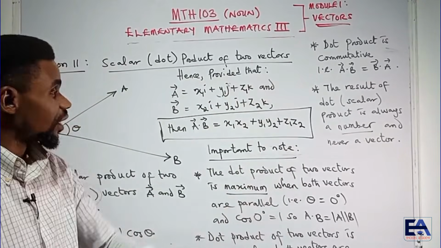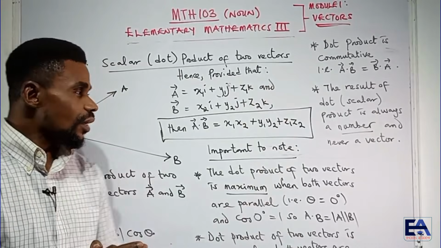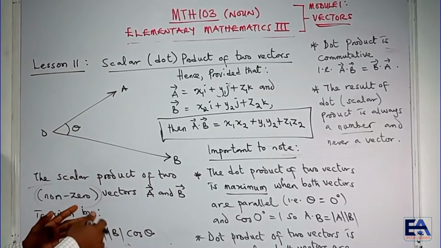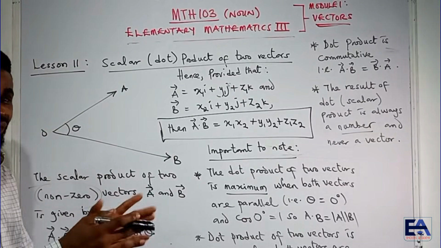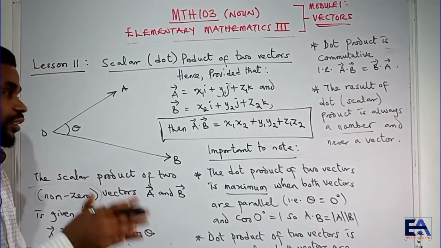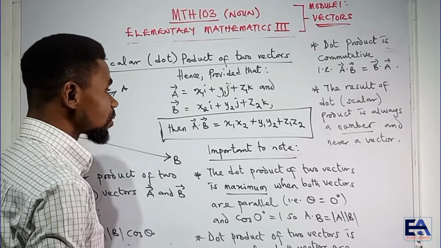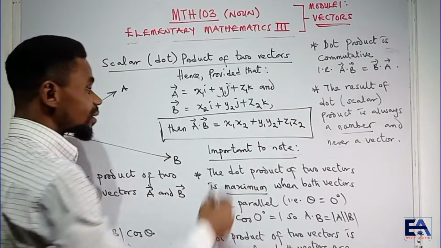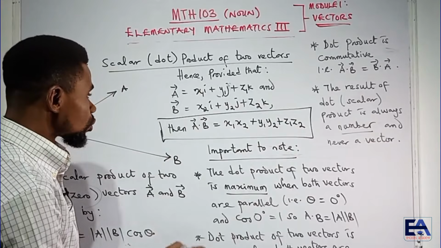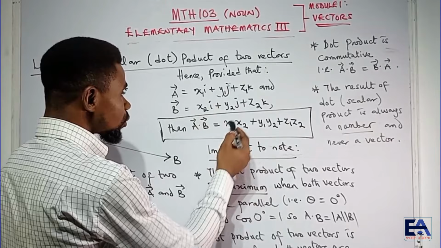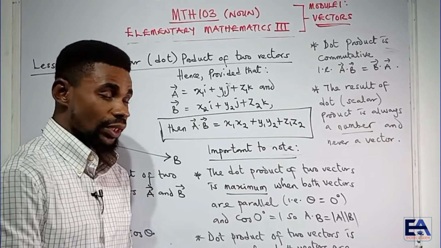After some calculation or proofs, it's been derived that the dot product of two vectors represented in this manner is equal to the sum of the products of the components.